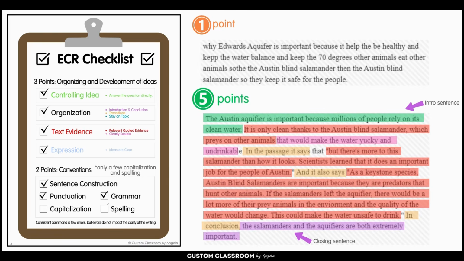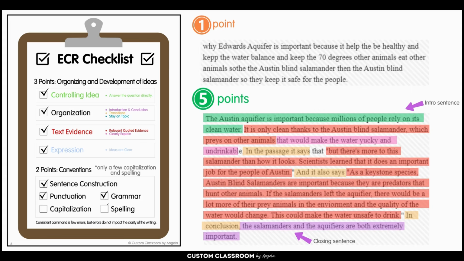So here it says the Austin Aquifer is important because millions of people rely on its clean water. It is only clean thanks to the Austin blind salamander, which preys on other animals that would make the water yucky and undrinkable. In the passage, it says that, but there's more to this salamander than how it looks. Scientists learned that it does an important job for the people of Austin.